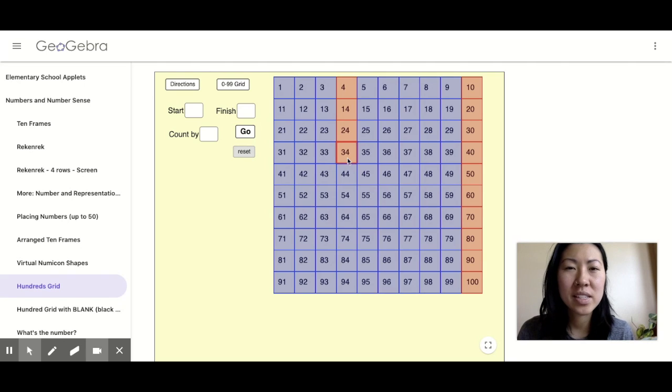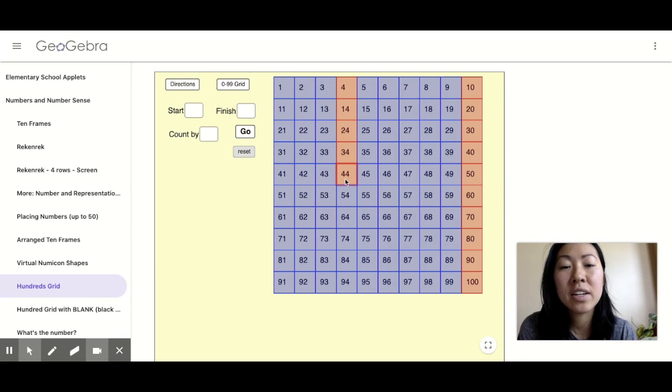Now, can you predict what is going to happen if we add another 10 blocks? If you think that it's going to land on the next number underneath, okay, let's check. So start at 34 and add 10 more. 1, 2, 3, 4, 5, 6, 7, 8, 9, 10. It did land on 44.